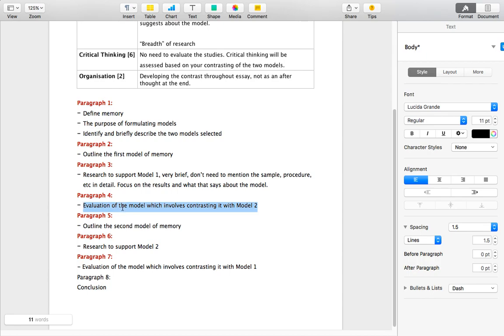Okay, and I would do it in a way that I focus on the things that model 1 has. Okay, so model 1 is structural and it explains, I'm talking about the multi-store model, it is structural and it understands how information flows from the environment into our long-term memory, which again, the working memory model doesn't do.